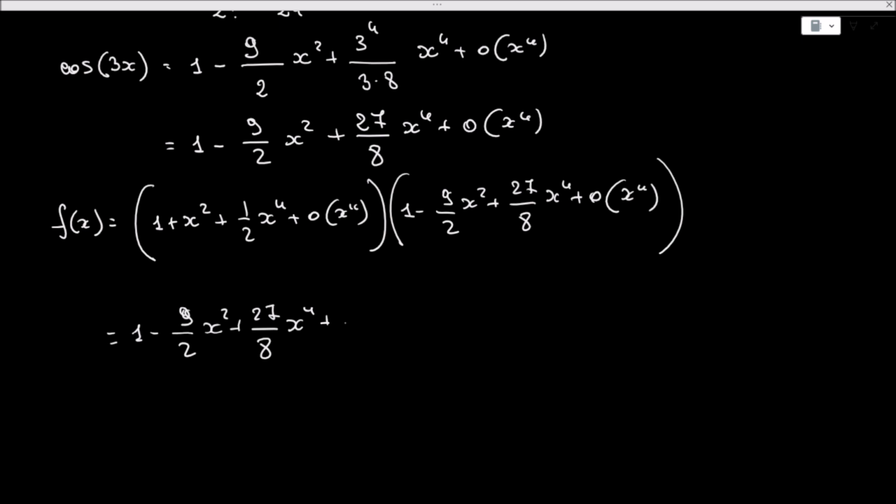Then we pass to x squared from the first term, so we get plus x squared minus 9/2 x to the 4, and of course we stop with x squared, but we have still another 1/2 x to the 4 plus little o of x to the 4.